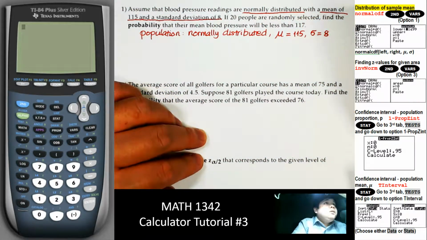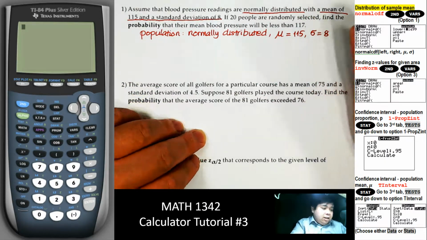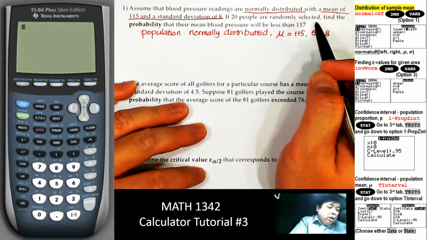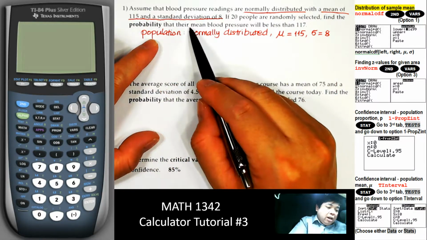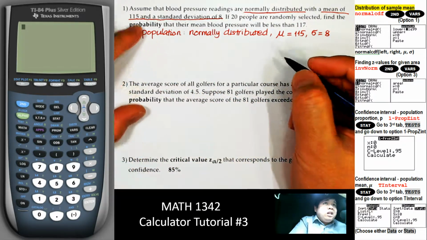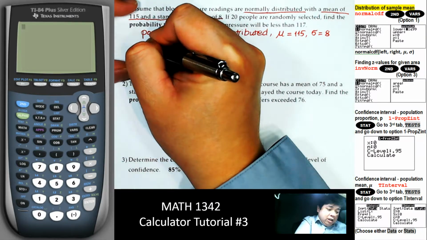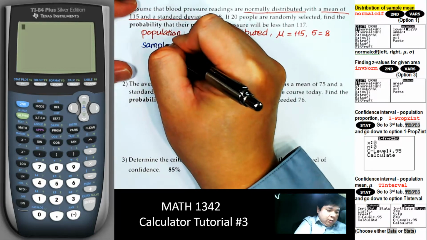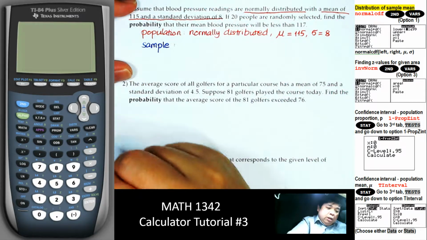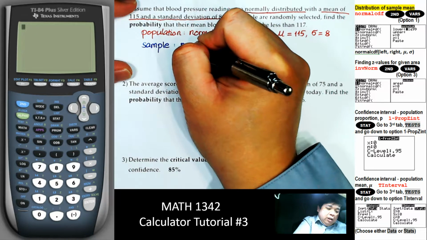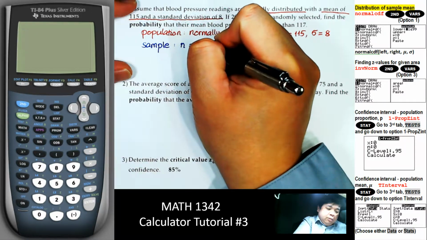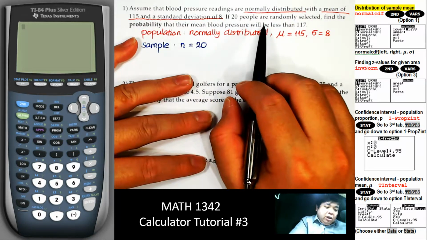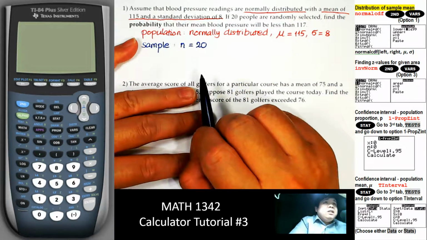And then if 20 people are selected randomly, the probability that the mean will be less than 117. So that is what we have for example. The sample of 20, and we want that the mean will be less than 117.